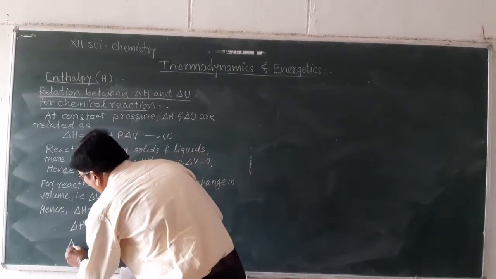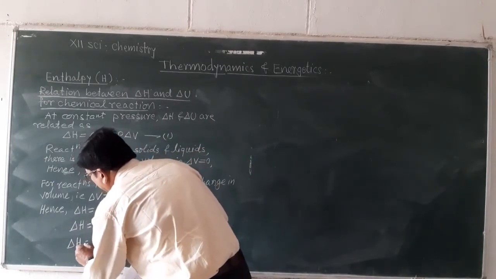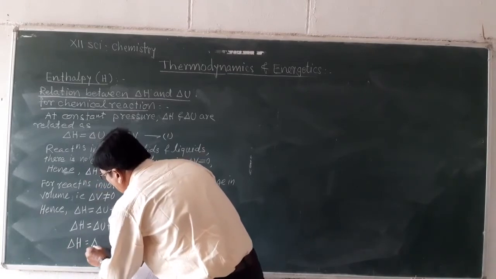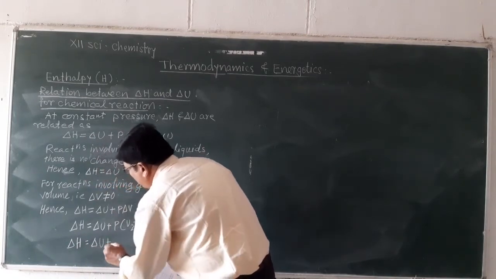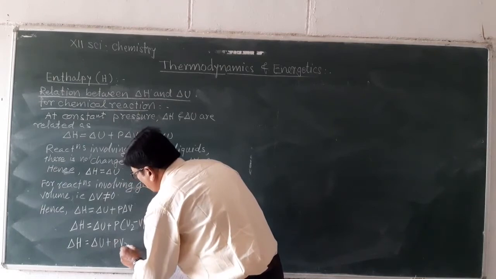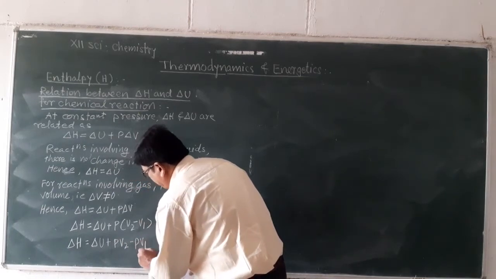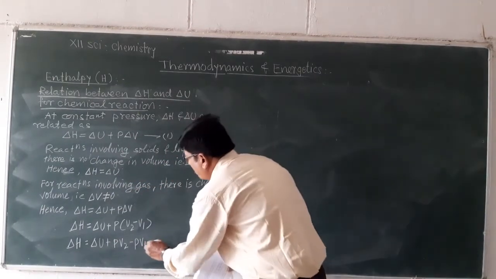Again, it can be modified like this: delta H is equal to delta U plus PV2 minus PV1. This is, suppose, equation 2.